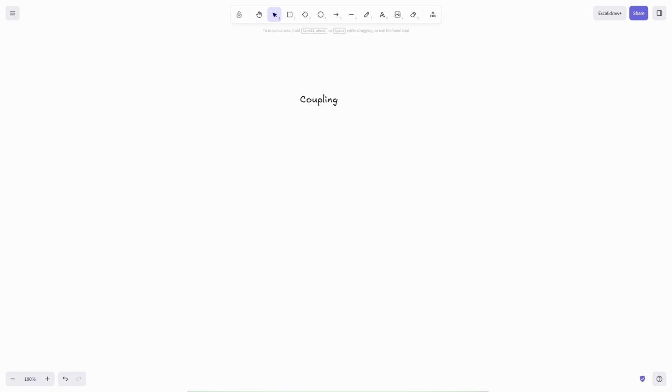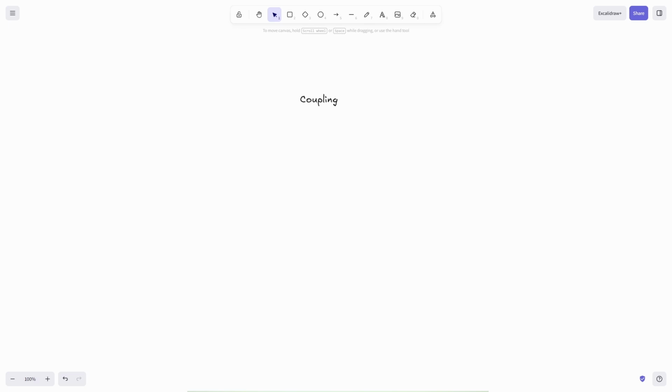Okay, higher coupling means a higher degree of dependency, which means that if you change something in one of them, the other one is most likely to break. Whereas if you have lower coupling, the dependency between two components is not very big, and therefore the likelihood of a change in one component breaking another is much less.